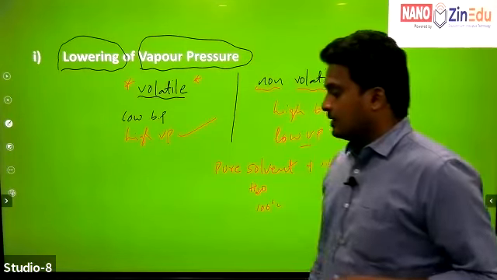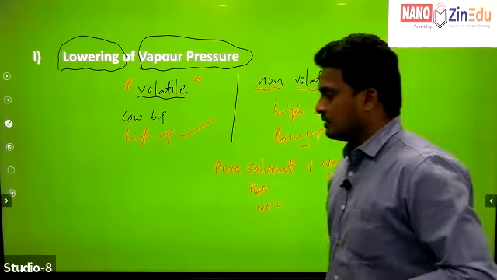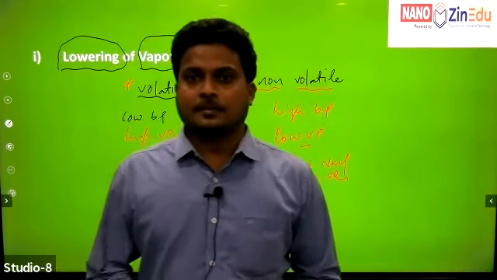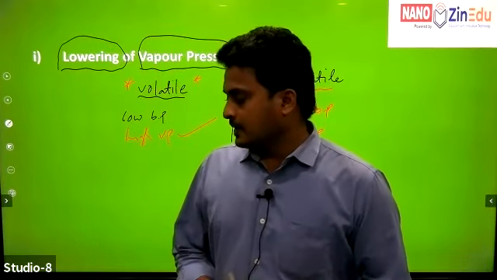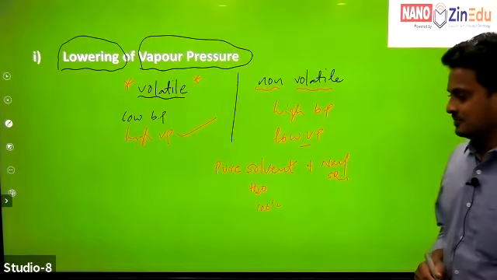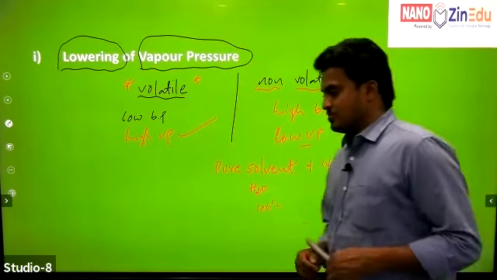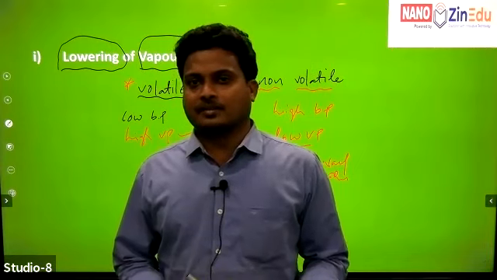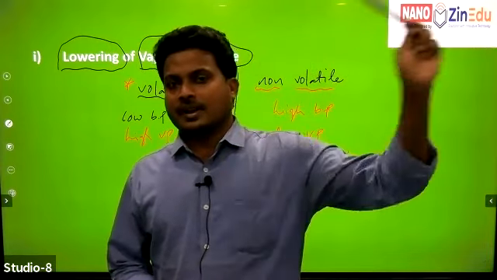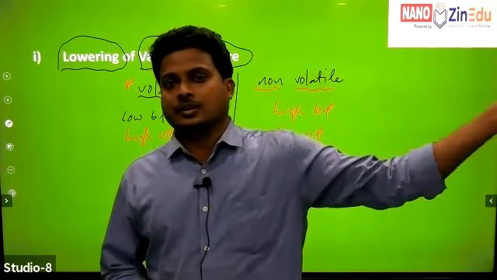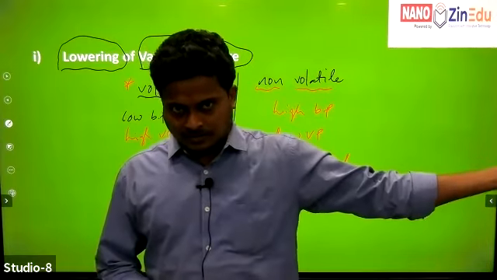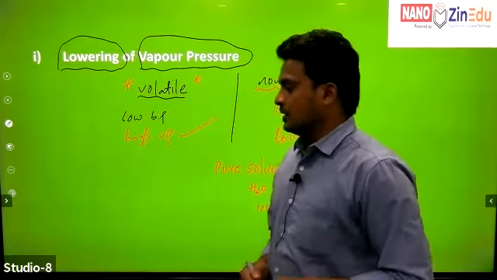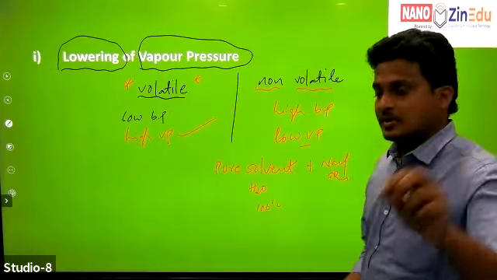When salt is added to the pure solvent, what are we observing? When we add a non-volatile solute to the pure solvent, the boiling point increases and the vapor pressure decreases.